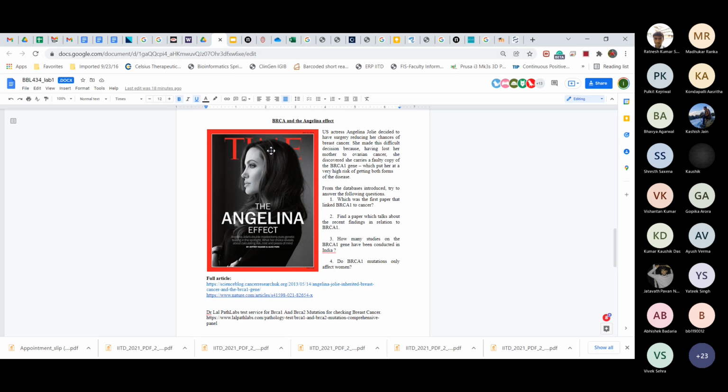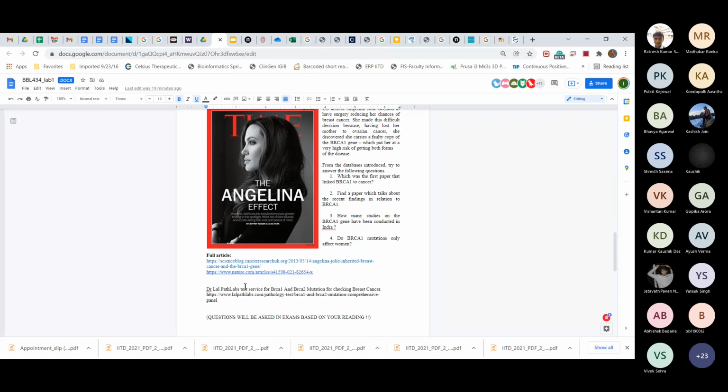If you want to go deeper, there are two articles associated with what's called the Angelina Jolie effect. These two articles are given here. The first is an article by Cancer Research UK, a cancer organization, and it is slightly more vetted than what you would probably read in a newspaper. The other article is about the effect of this preventive surgery and how it has changed the face of preventive cancer care, published very recently in 2021.